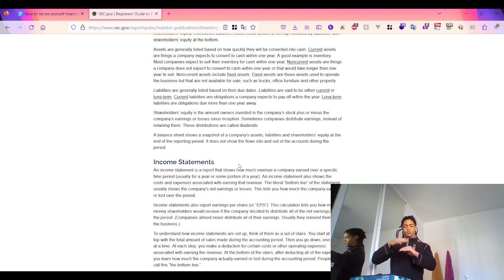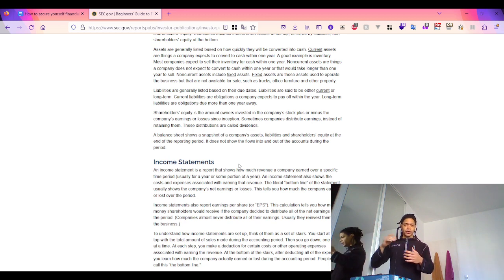At the bottom of the stairs, you know if a company made a profit or not. Generally, the income statement shows at first the total amount of revenue, and then one step down the stairs, you deduct merchandise returns and discounts. All right, so you reach the net revenue.